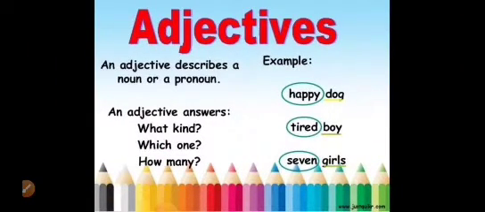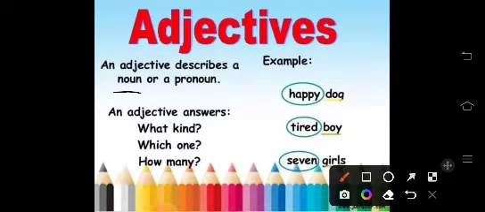First, what is an adjective? An adjective describes a noun or a pronoun. It means the words that give extra information about a noun or a pronoun are called adjectives. What is a noun? A noun is the name of anything. It could be the name of a person, a place, an animal, a feeling.